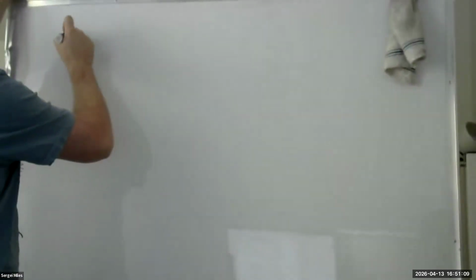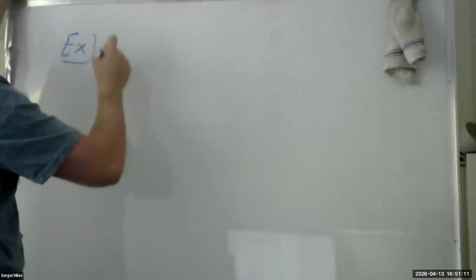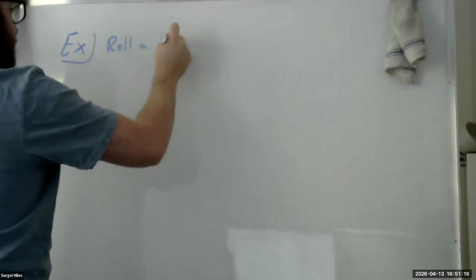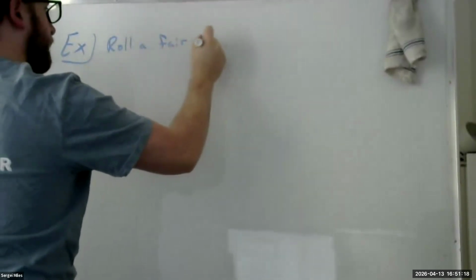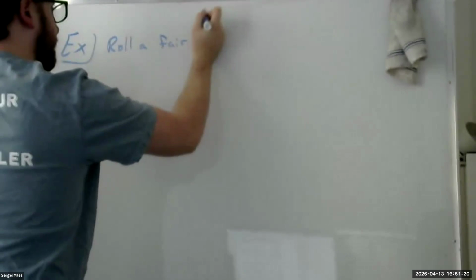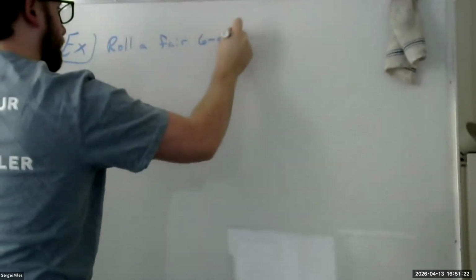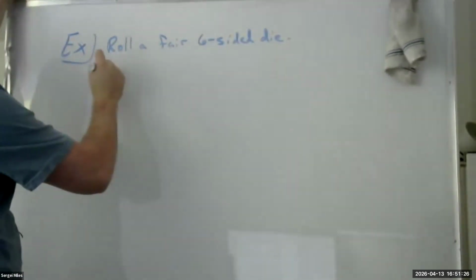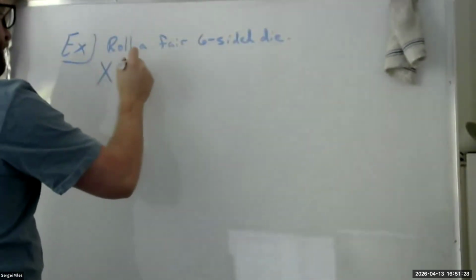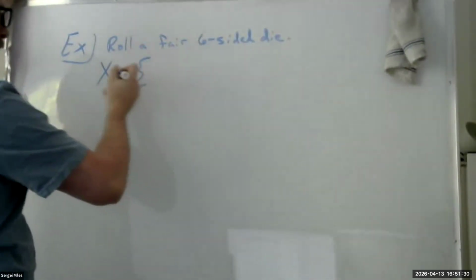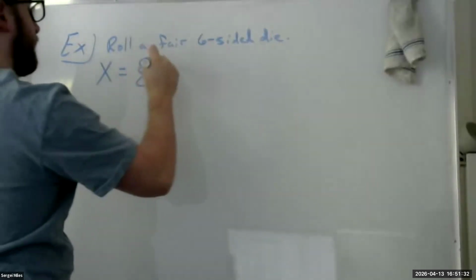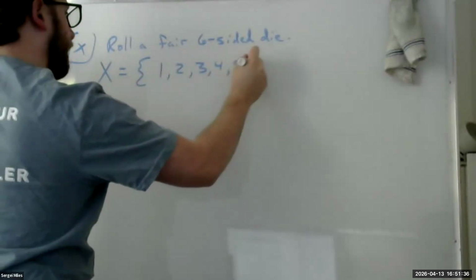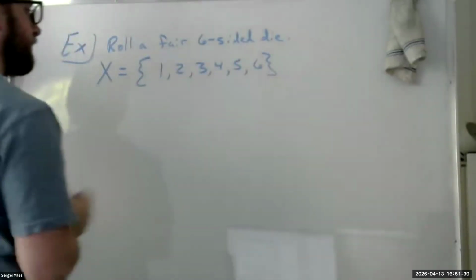If we have an experiment where we roll a fair six-sided die. Okay. Then the value of the die after it's rolled, in other words, our random variable x, can be 1, 2, 3, 4, 5, and 6.